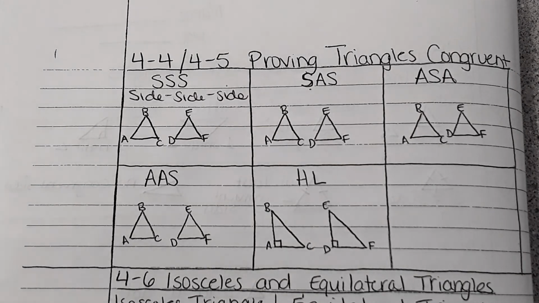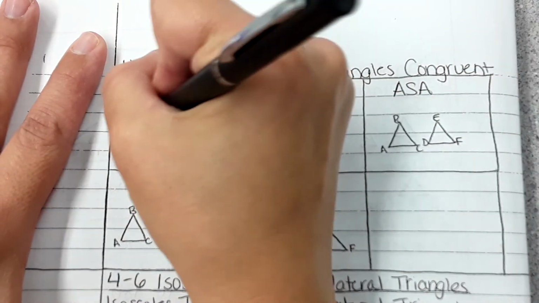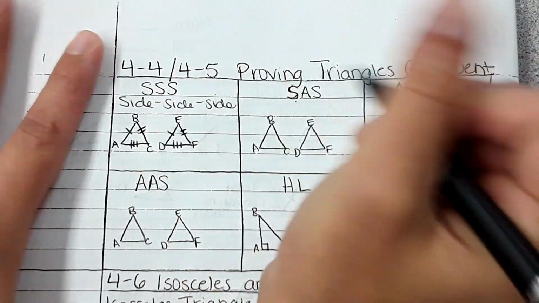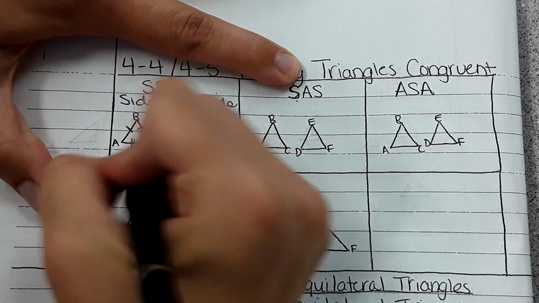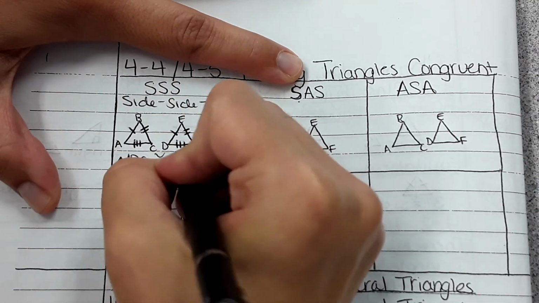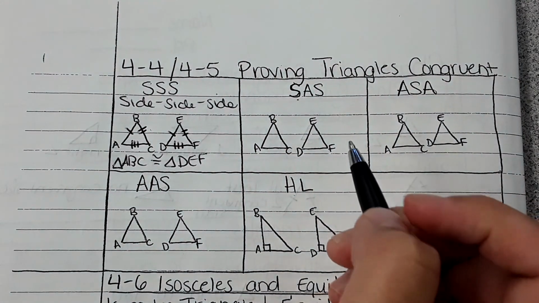It's an abbreviation for an entire concept. What it means is that if you have side, side, side congruence on both of these triangles, then these two triangles are completely congruent. So we can say that triangle ABC is congruent to triangle DEF because all three sides are congruent. You have side, side, side congruence.